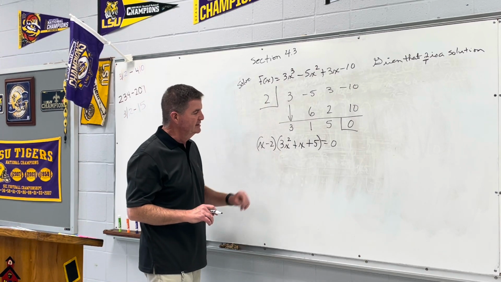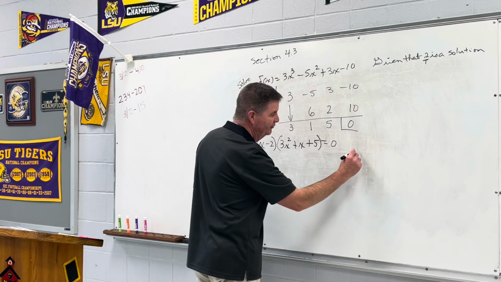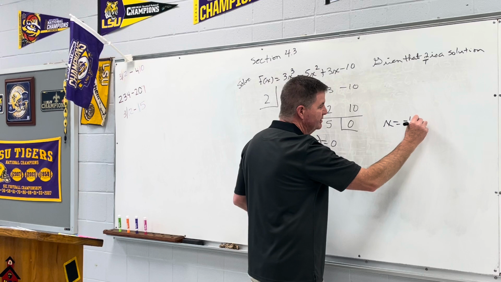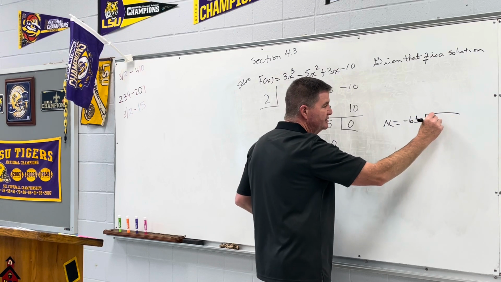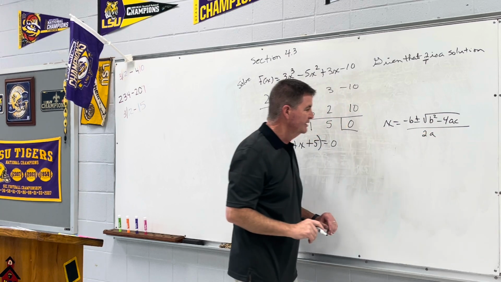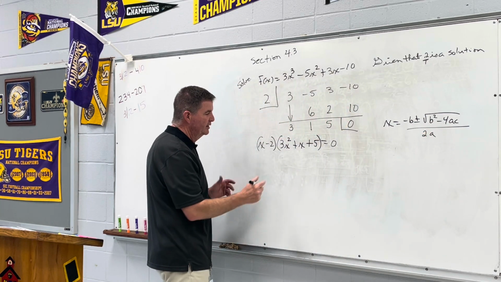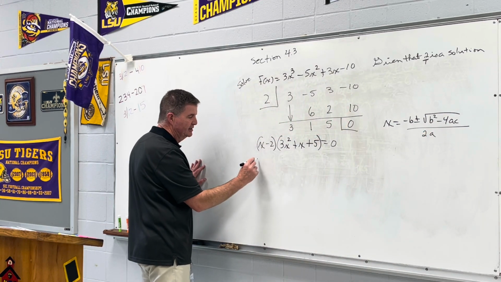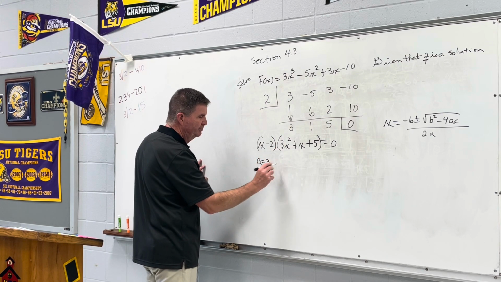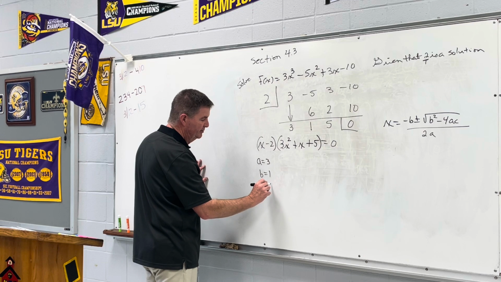So for this one, let's do the quadratic formula, which is x equals negative b plus or minus the square root of b squared minus 4ac all over 2a. All we have to know now is what our a, b, and c are. So a would be, in this case, 3, b would be 1, c would be 5.